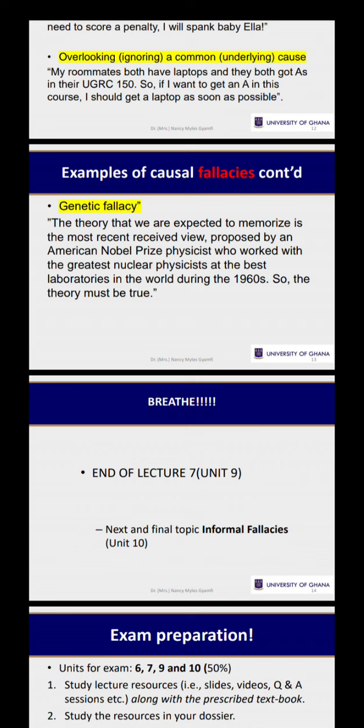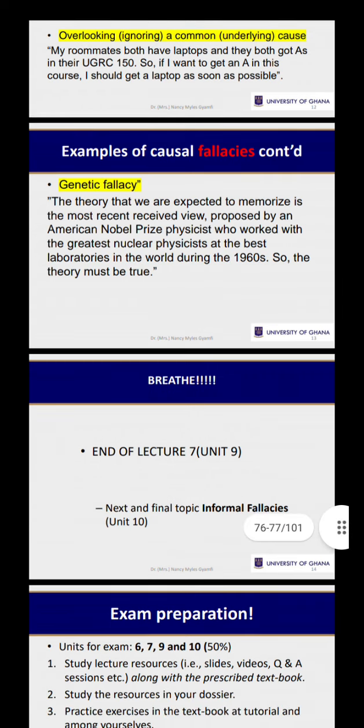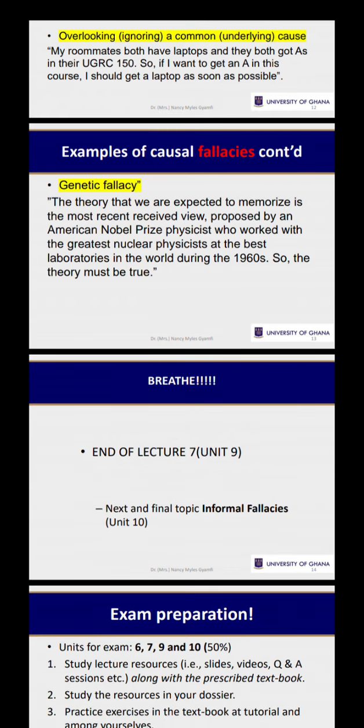Okay, so example: the theory that we are expected to memorize is the most recent, proposed by an American Nobel physicist who worked with the greatest nuclear physicists at the best laboratories in the world during the 1960s.